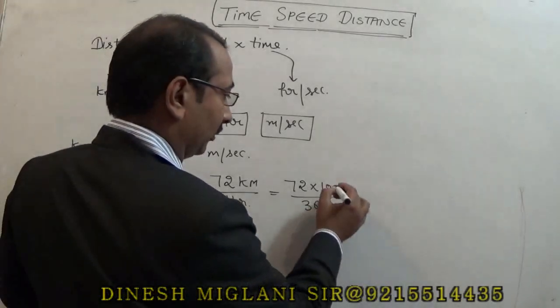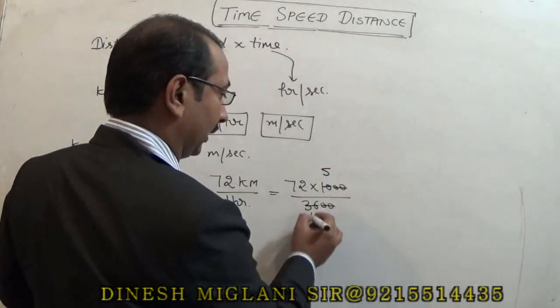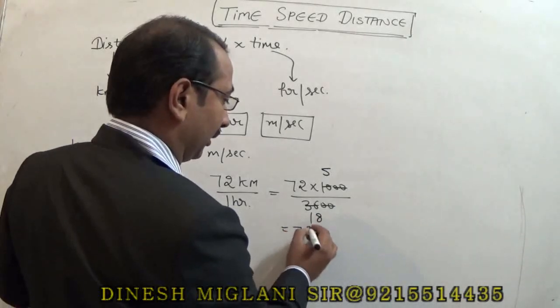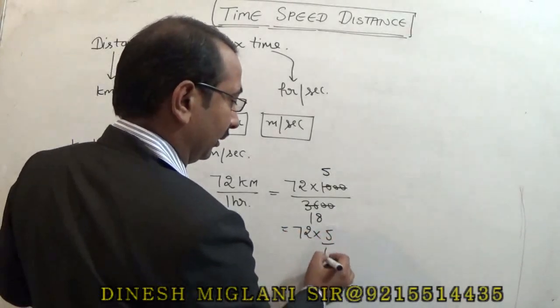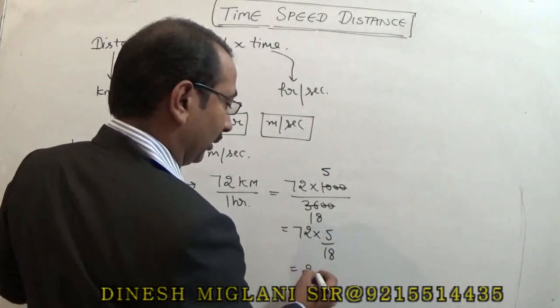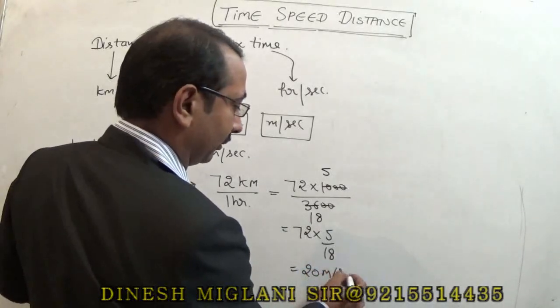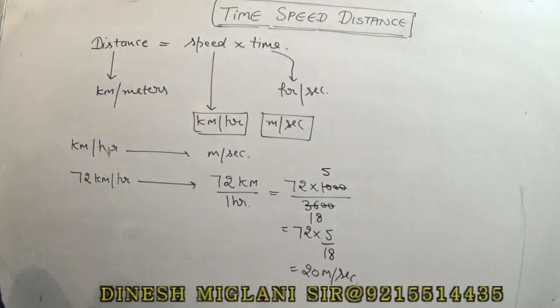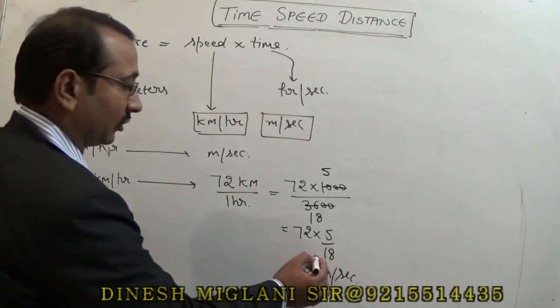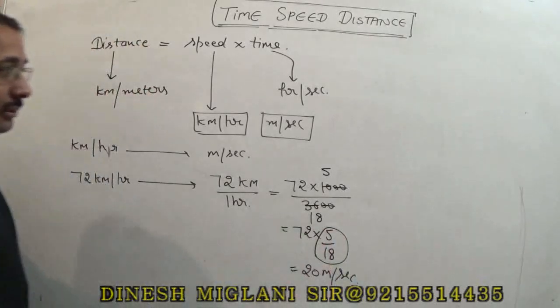Now this will be cancelled out. 2, 5, 2, 18. So I can say 72 into 5 upon 18, which is equal to 20 meter per second. So what we inferred here, this is a standard fraction 5 upon 18.